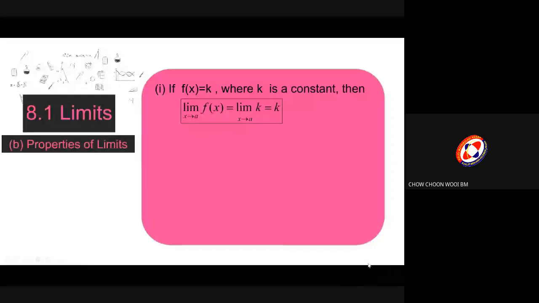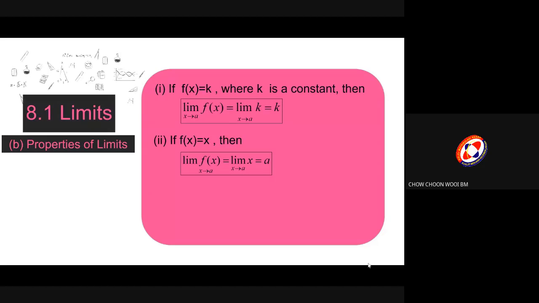Okay, the next one. If f(x) is equal to x, then the limit of x as x approaches a is equal to a. Apa maksudnya? Dia kata limit x kalau ke 5 bagi x. Jadi nilai x ini kita gantikan dengan 5. Jadi dapatlah 5. Atau limit as x tends to 10 bagi x tambah 1.